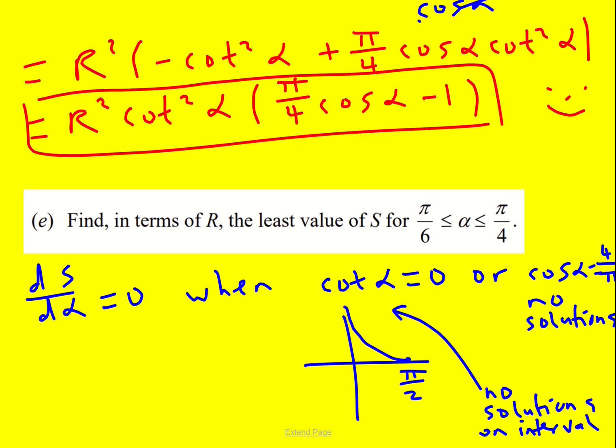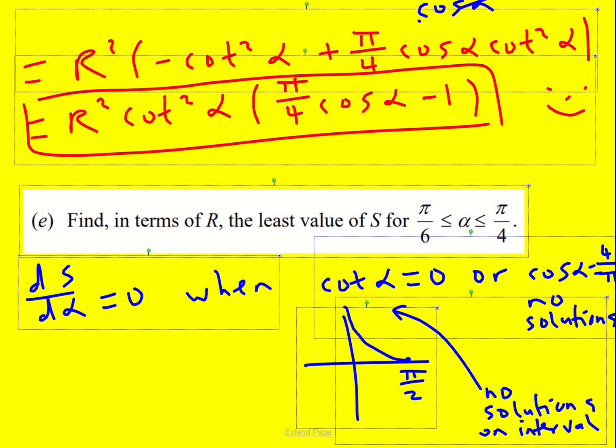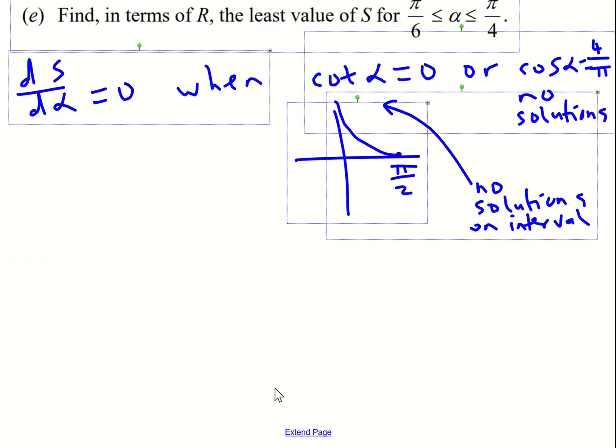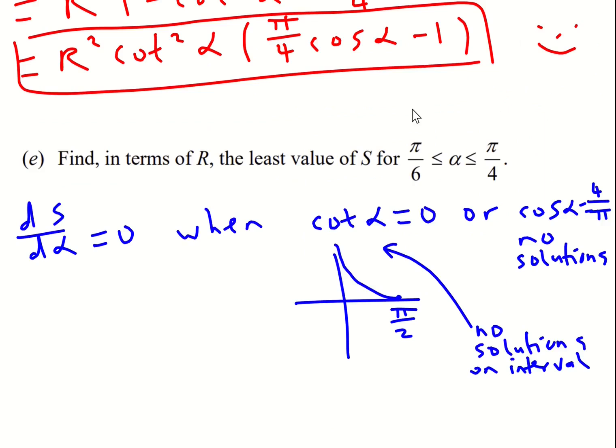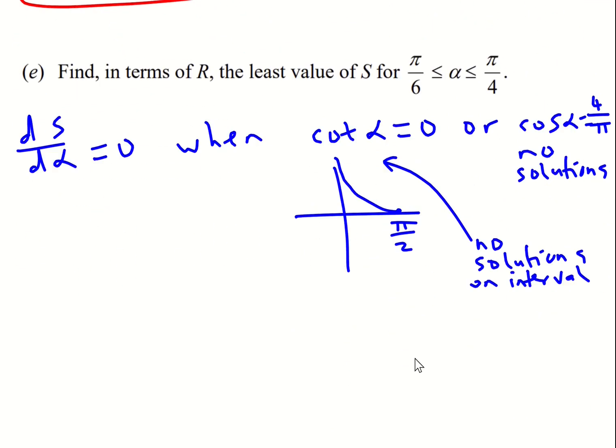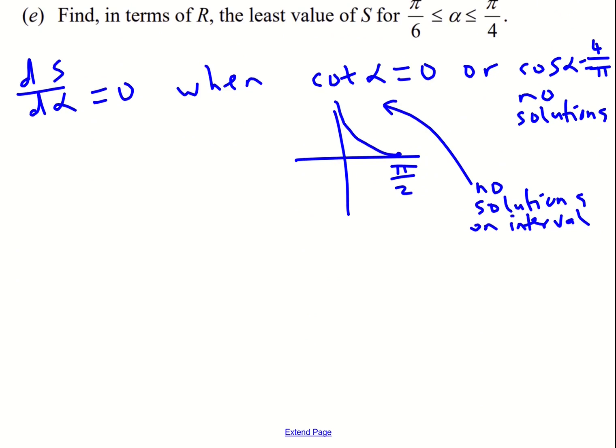So we could substitute in pi over 6. I need to go onto another page, I'm sorry, because I've run out of space. We could substitute in pi over 6 and pi over 4 and see which is smaller. But how do we know? Well, we know there's no stationary point, don't we, actually? So it should be enough to substitute in pi over 6 and pi over 4 and see which is smaller. But we can do a little bit better than that.